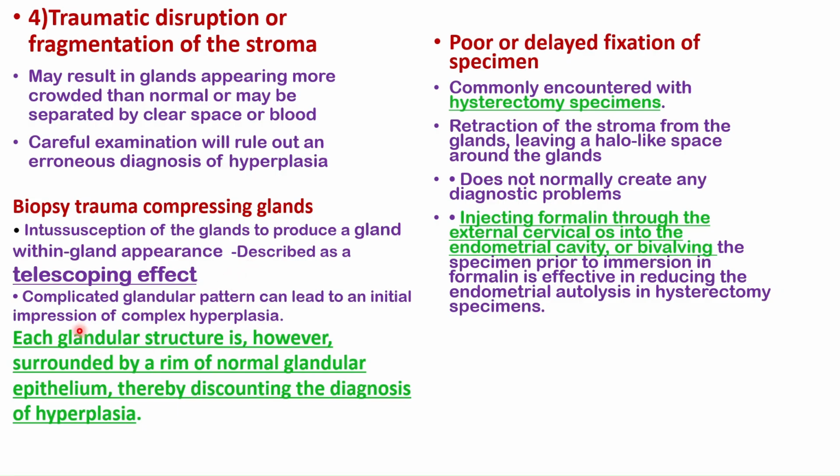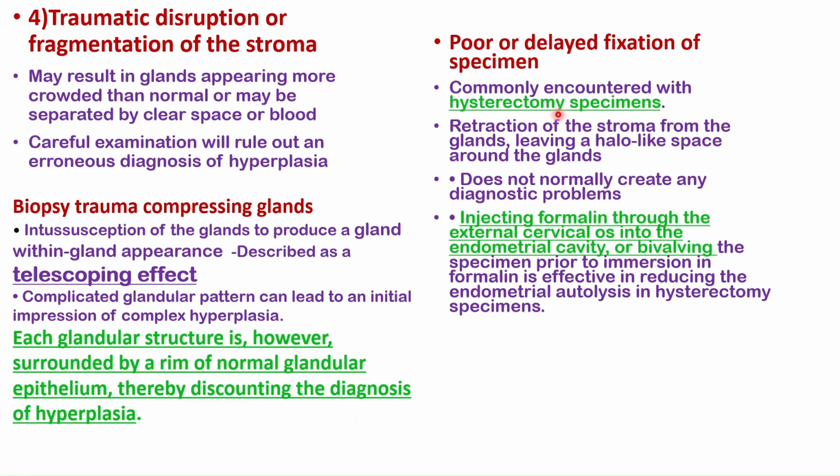This complicated pattern can lead to an initial impression of complex hyperplasia. But if you see carefully, each glandular structure is surrounded by a rim of normal glandular epithelium, thereby discounting the diagnosis of hyperplasia. We will see in the next slide.